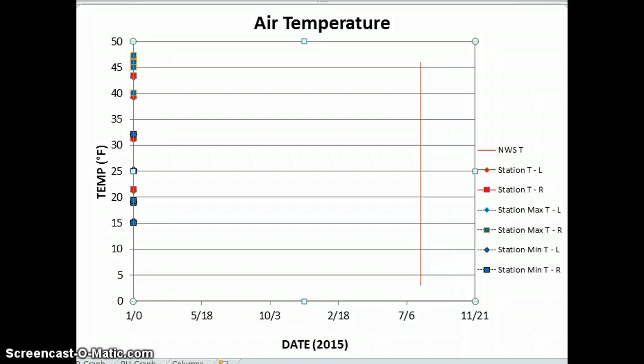On day 1, March 24th, 11:30 a.m., the current left temperature was 39.4 degrees Fahrenheit, so that would be 4.1 degrees Celsius. The current right temperature was 39.5 degrees Fahrenheit, 4.2 degrees Celsius.